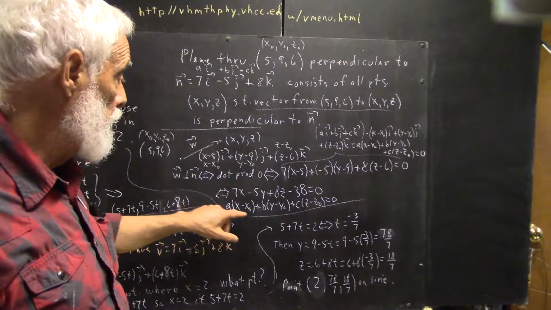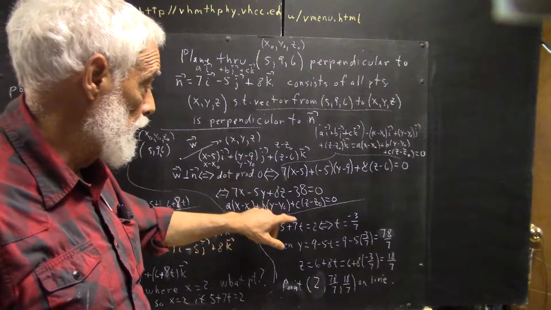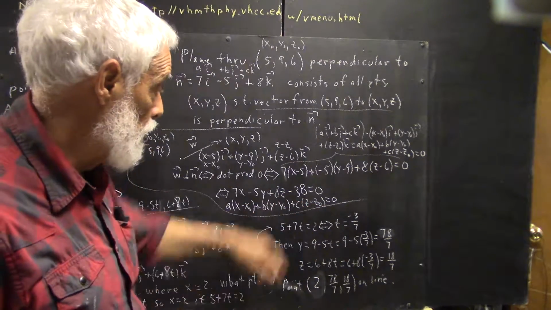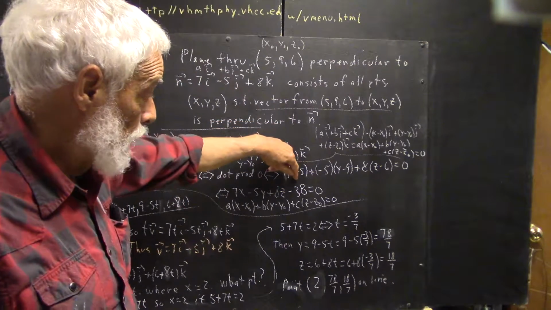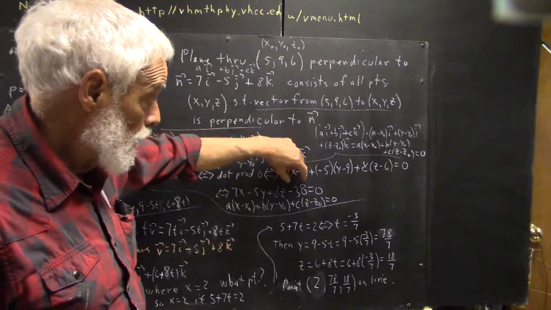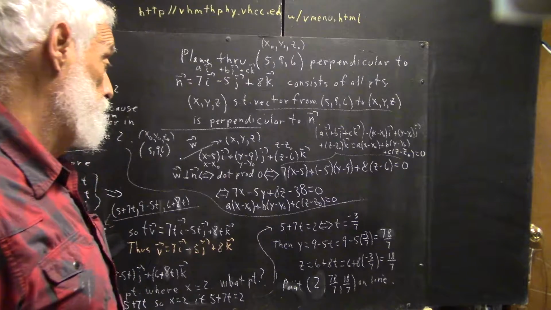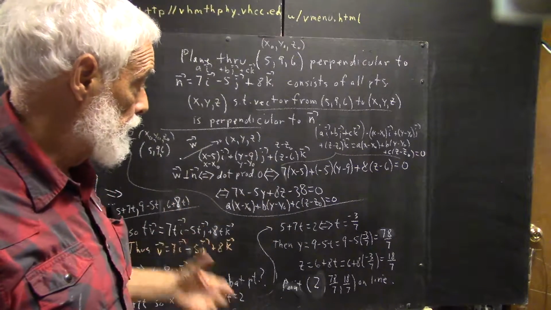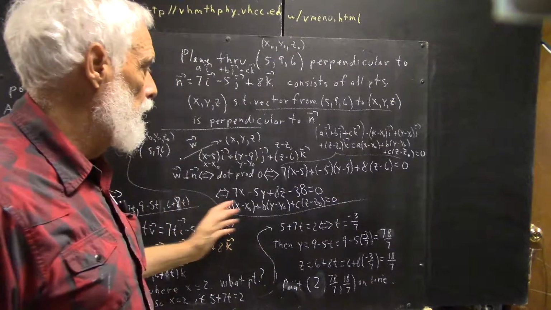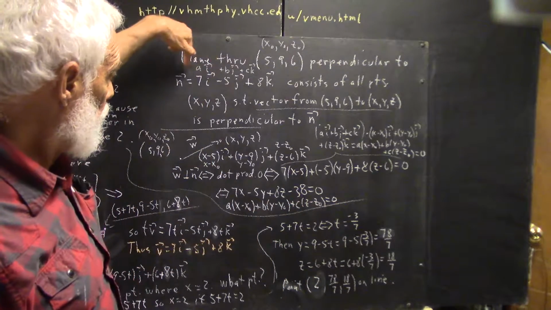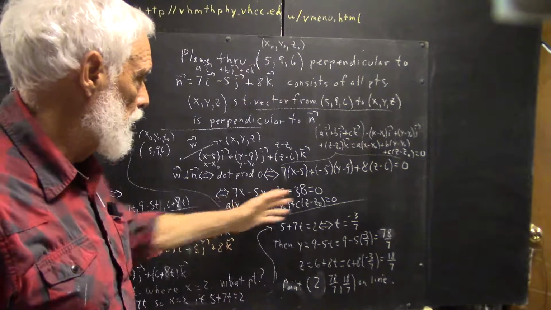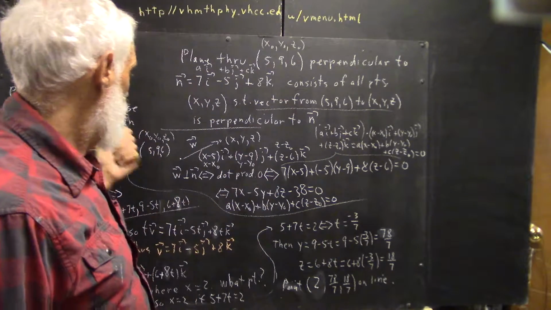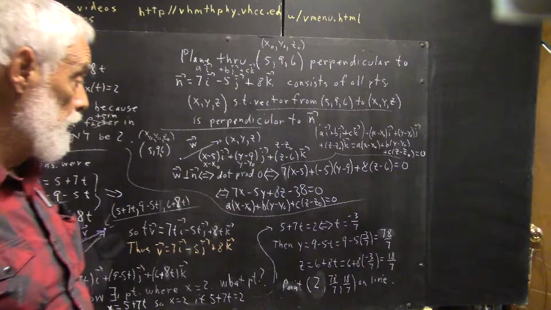And then our a times negative x naught and our b times negative y naught and our c times negative z naught are going to add up to a number that will be there in place of the negative 38. Okay, and that's the equation of a plane, and you can see how the equation of a plane is related first to the normal vector and second, a little more subtly, to the point specified.